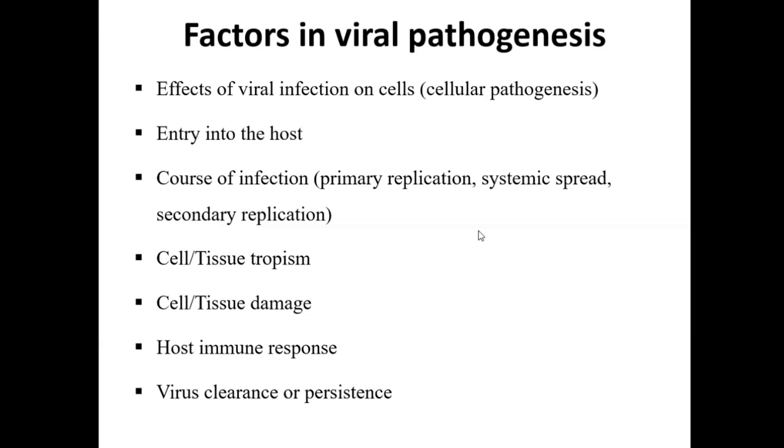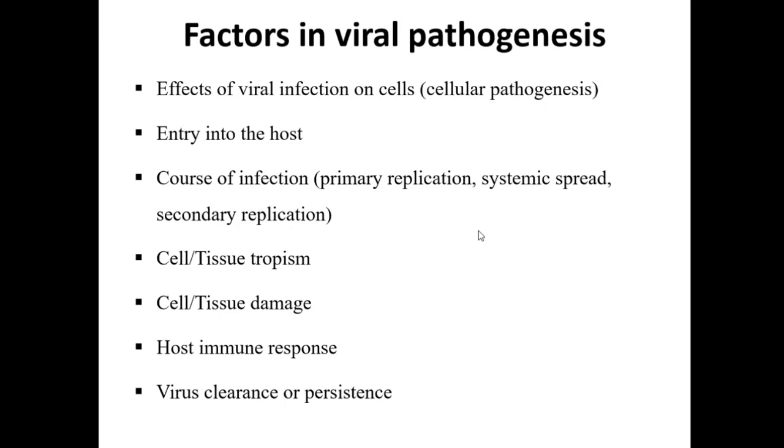Mostly primary replication takes place at the site of entry, or close to it. Then after the initial replication, the viruses can gain access to the bloodstream, reach the target cell, the target or susceptible tissue, and replicate there, and that is the secondary replication.